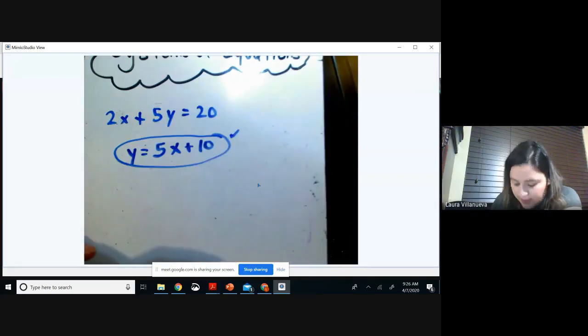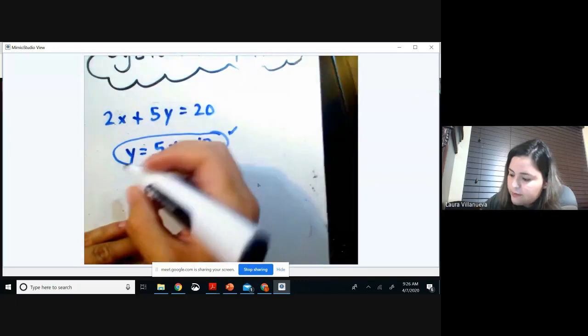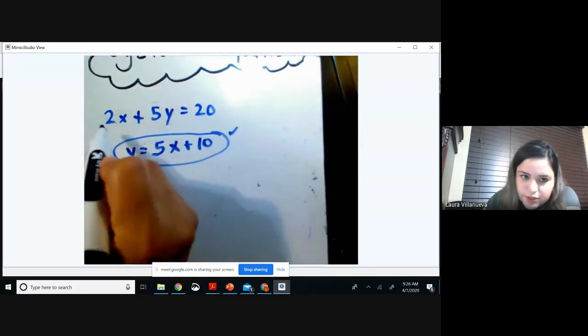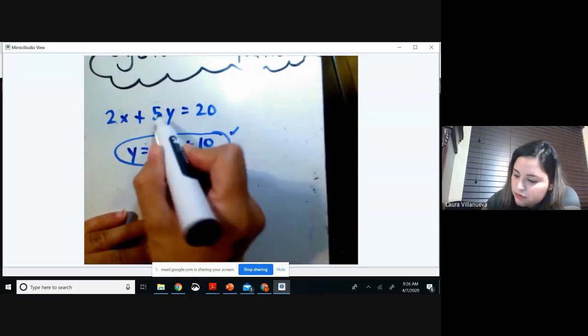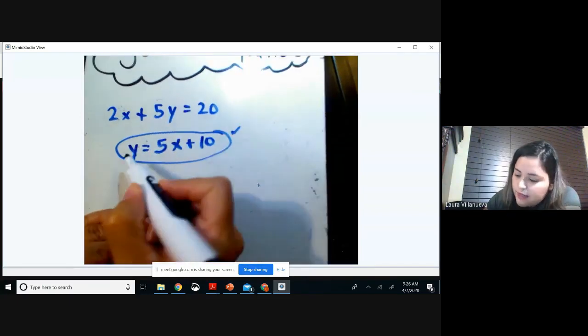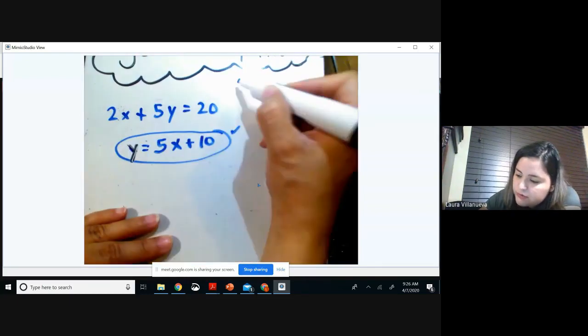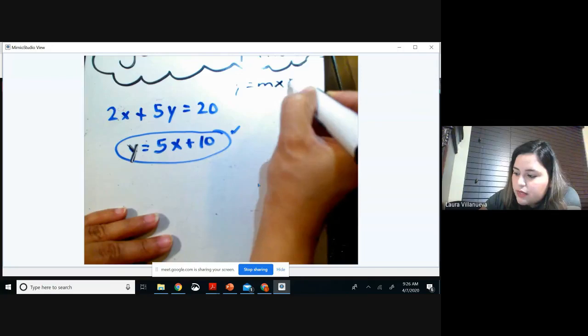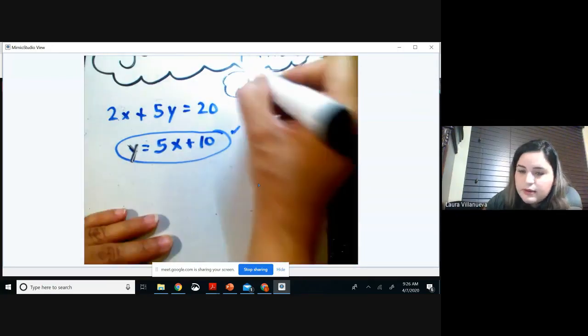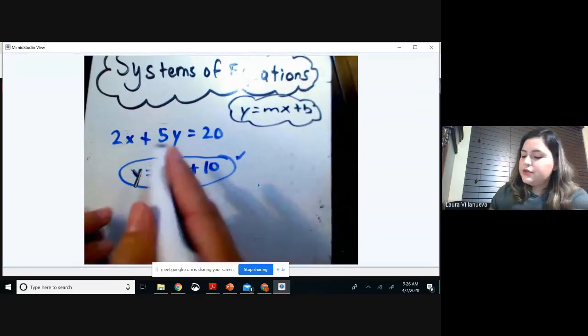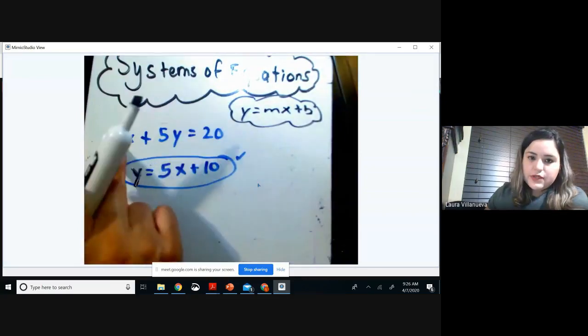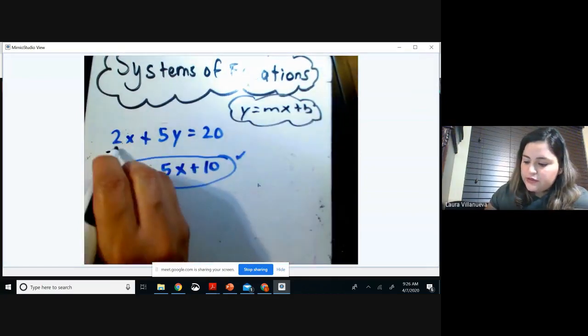So you need to kind of mess with it so that you can put it in y equals mx plus b form. So we already know how to do this. We already know that we have to move the x over. We have to divide by 5. How do we know that? Is because y equals mx plus b says that the y has to be by itself. So in order to leave the y by itself, I'm going to move the x, divide by 5. So move the 2x.